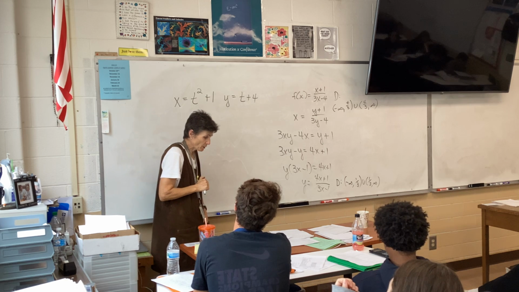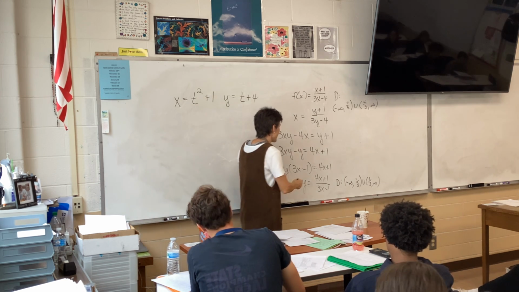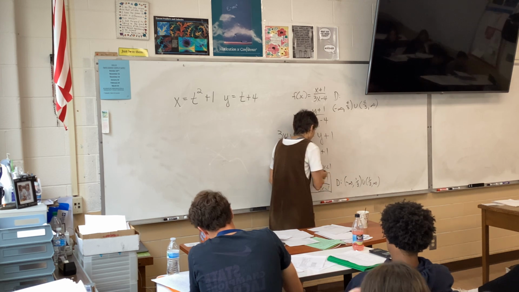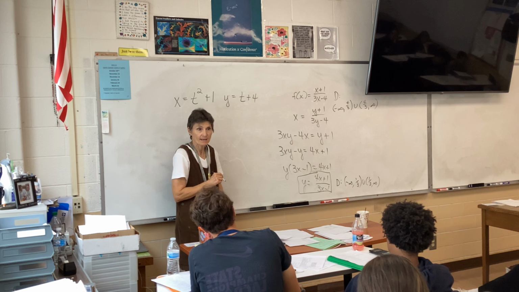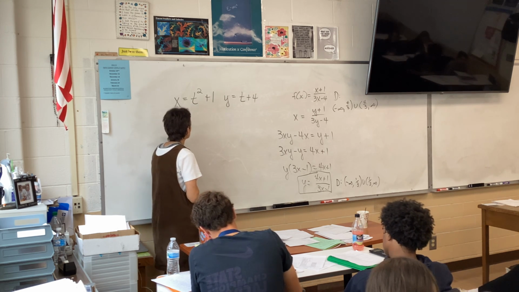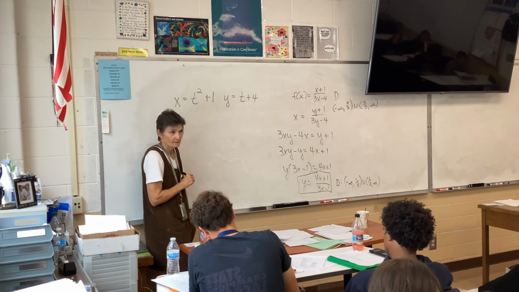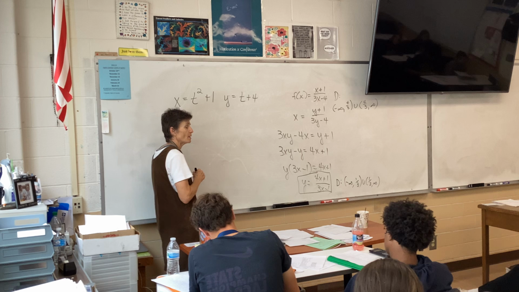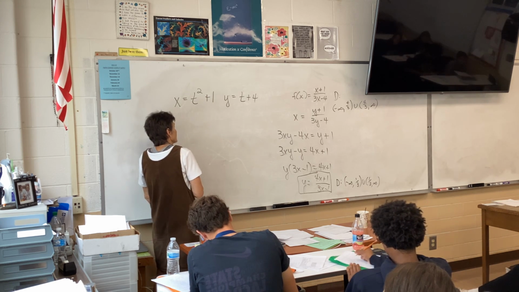Find the direct algebraic relationship between x and y means write an equation like this that is a relationship between x and y. Well, what's wrong with this? It has t's in it, right? These are parametric equations. We do not want t's, so we gotta get rid of the t's.